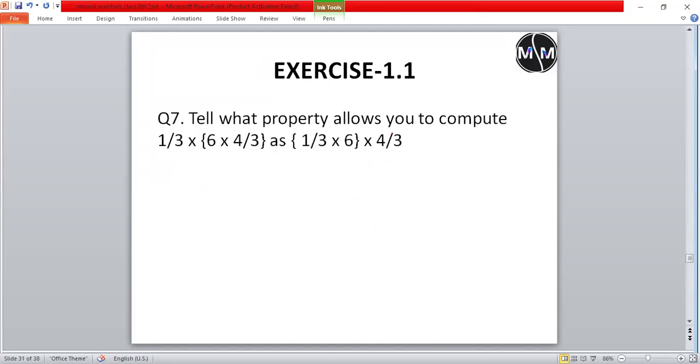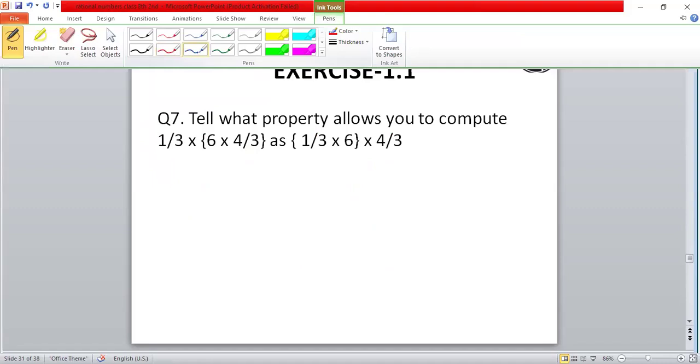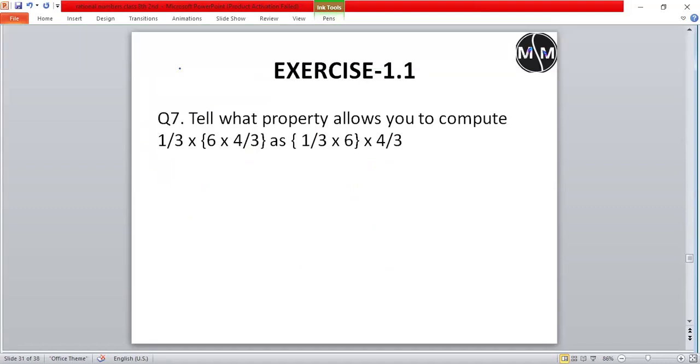Question number 7. Tell what property allows you to compute 1 by 3 multiplied by bracket 6 multiplied by 4 by 3 bracket closed as 1 by 3 multiplied by 6 bracket closed multiplied by 4 by 3. As I told you, the commutative property and associative property are similar, but there is a difference.